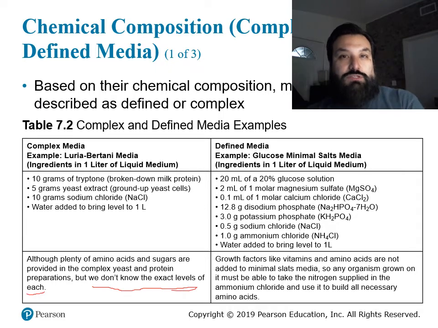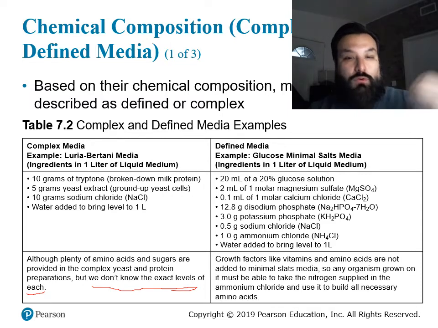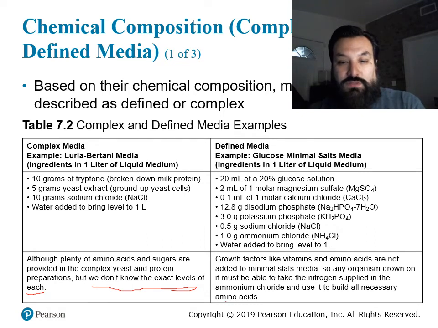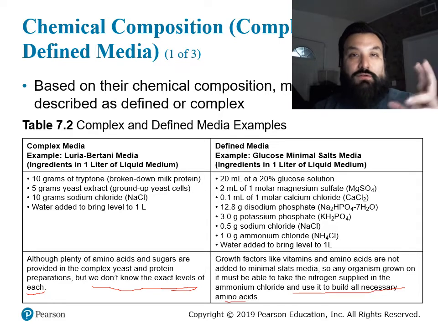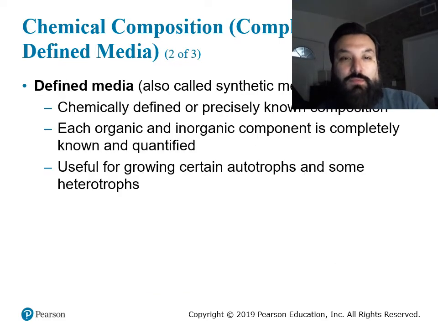We know that there are these nutrients that are really important, although we don't know exactly how much there is. That would be called a complex media. And a defined media is one where we know exactly how many things and what types of things are found in this type of media. We call this a defined media, where we know exactly what we have in it.